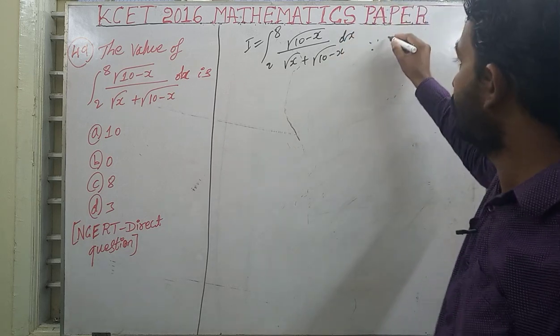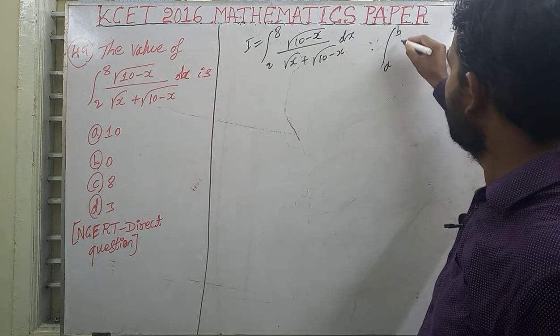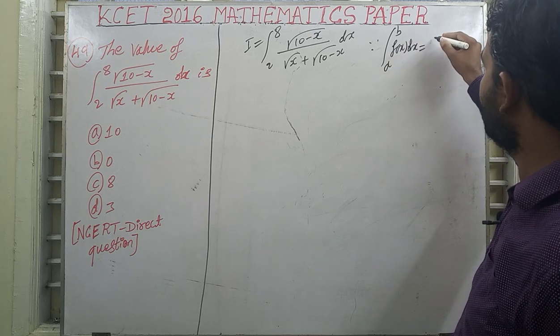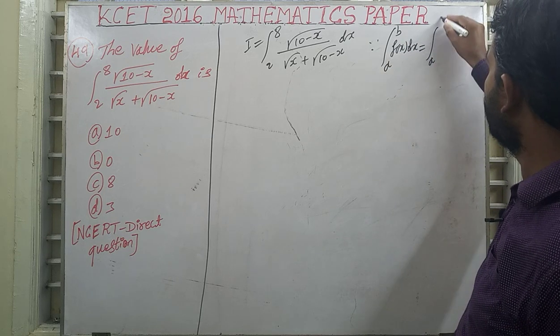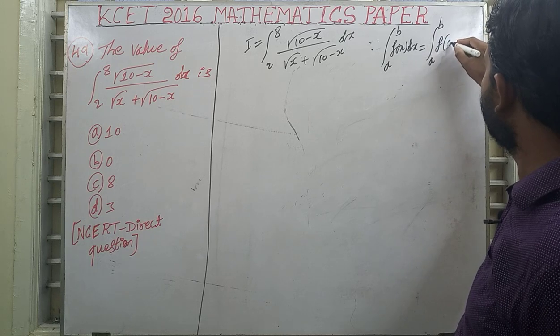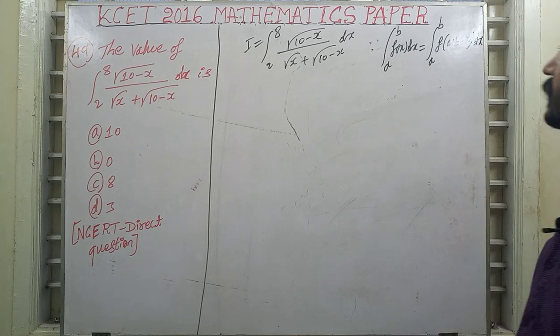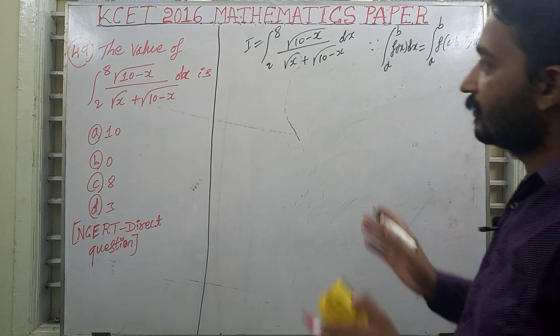So we know the property integral a to b f of x dx is equal to integral a to b f of a plus b minus x with respect to x. So using this formula solve this question.